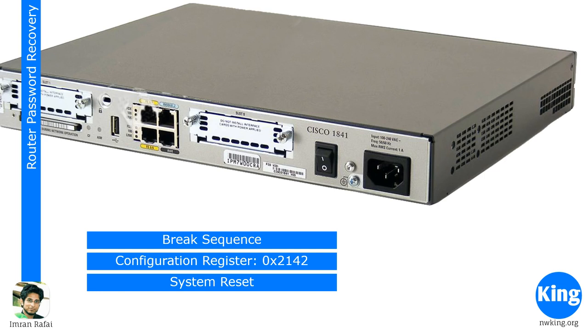So how do we do it? There are three things basically. If you want to do a password recovery, you see this power switch here. So let me take the pen. You see this power switch. You will hit the switch off and then back on, right? That's what in the Cisco world they call bouncing a switch, or bouncing a router.